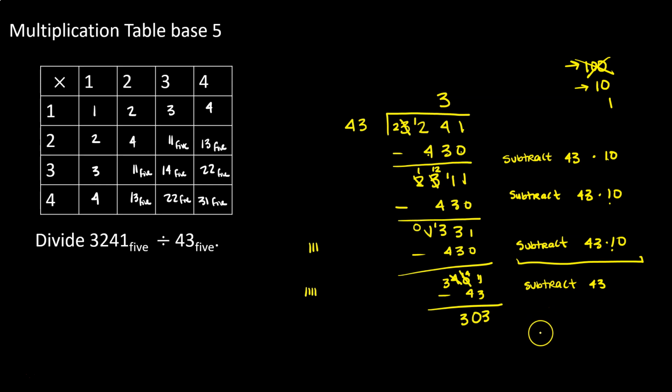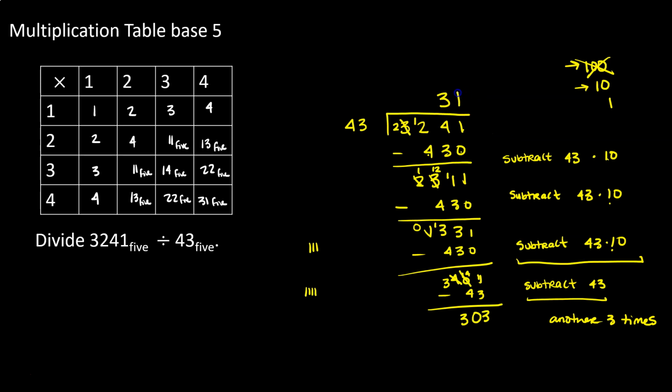I'm running out of room here, so I'm going to kind of spoil this for you. I can repeat this subtract 43 process another 3 times. Which means in total, we subtract 43, 1 by 1, a total of 4 times.